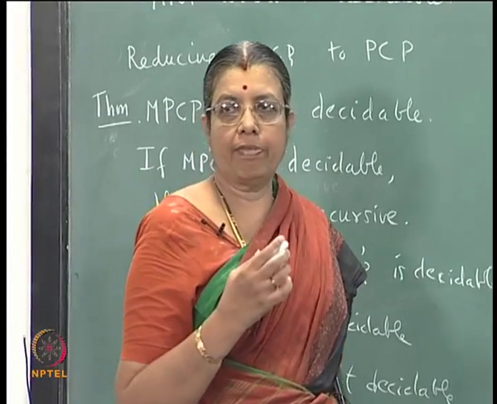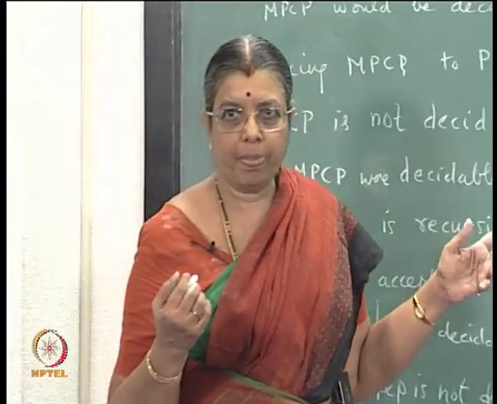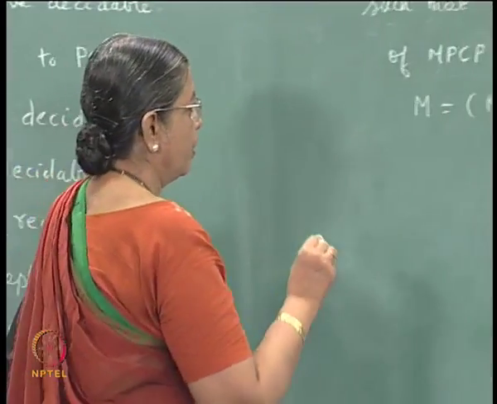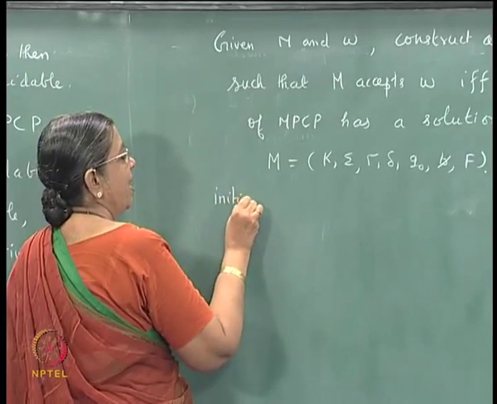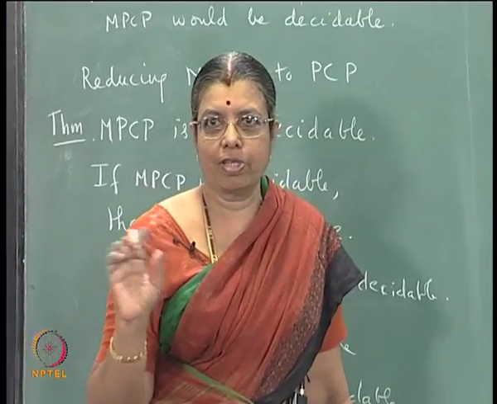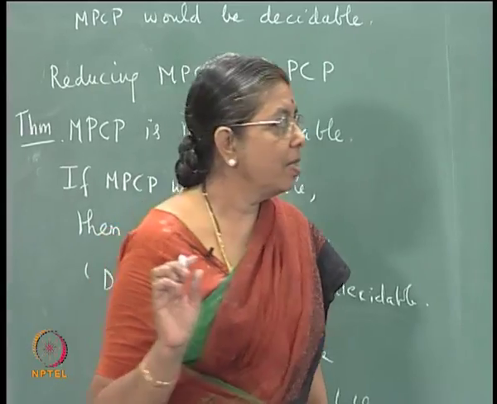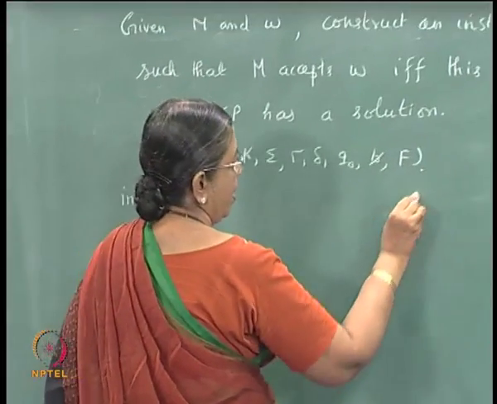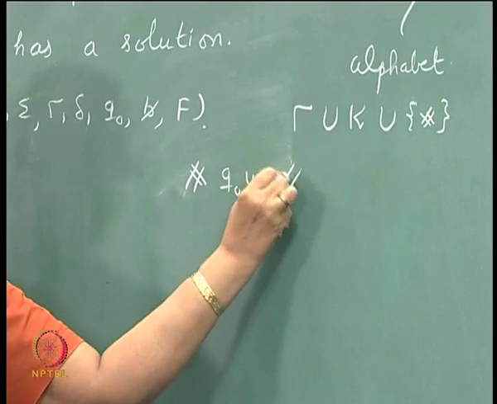Now, the pairs we will not write 1, 2, 3, but we will write depending upon the mapping of M. So, we will divide them into groups. Initial MPCP means the first one has to be mentioned, which is how you have to start the solution. The solution will be hash Q naught W hash.